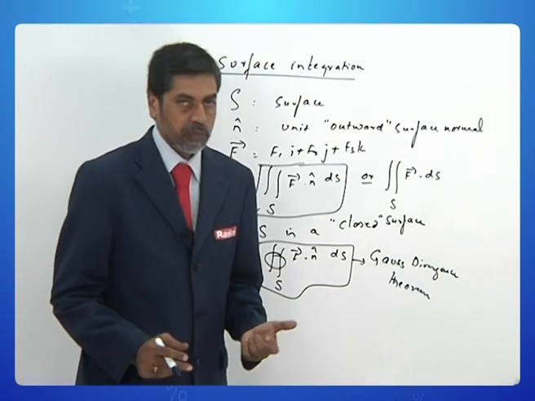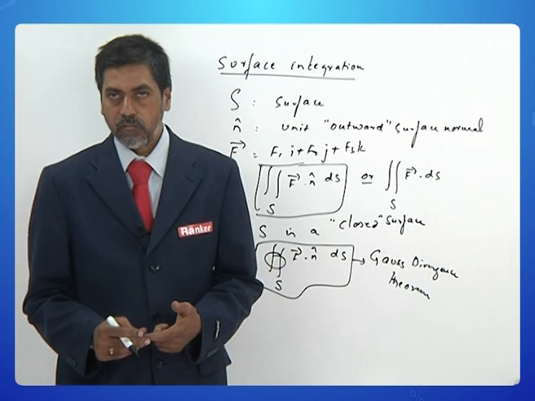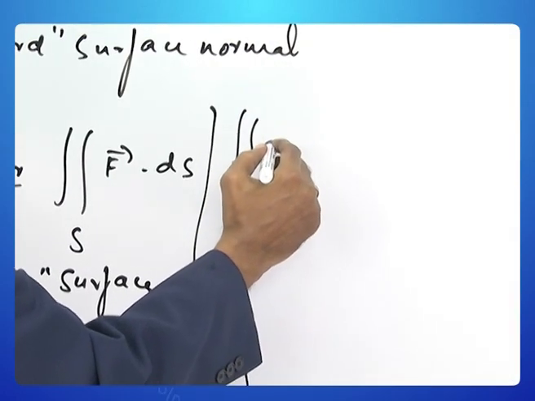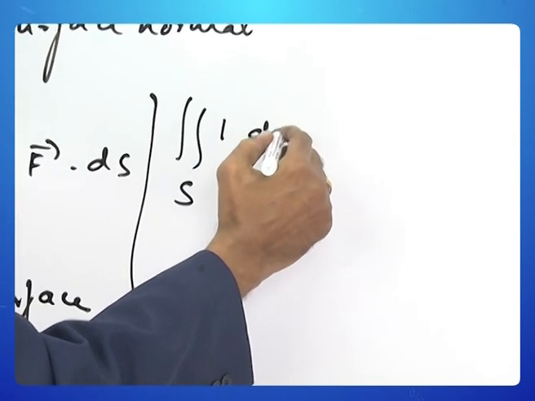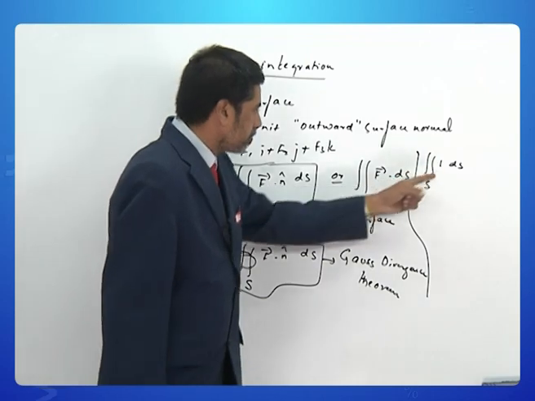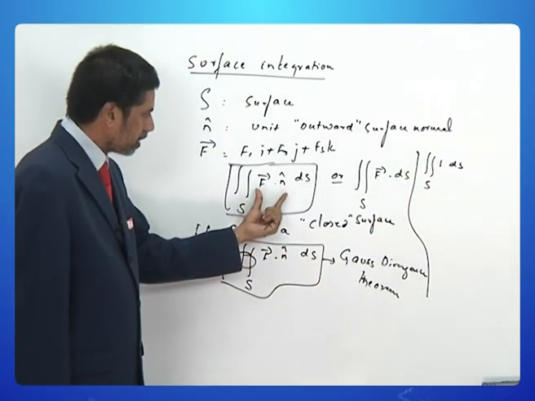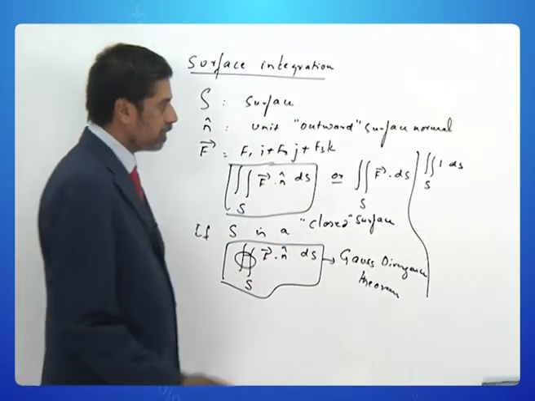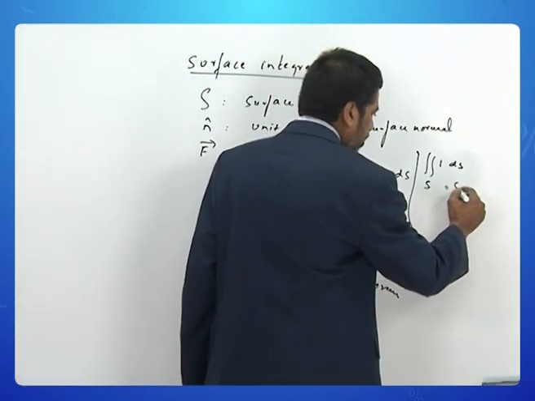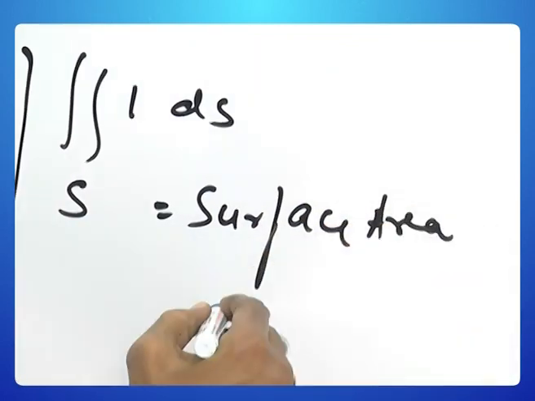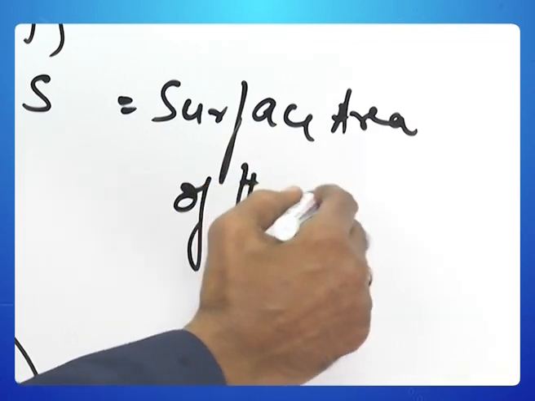One will have to remember a few more issues also, that is surface integral 1 ds. Now this arises when F dot n cap reduces to 1. So when this becomes 1 ds, it is nothing but the surface area of the given surface.